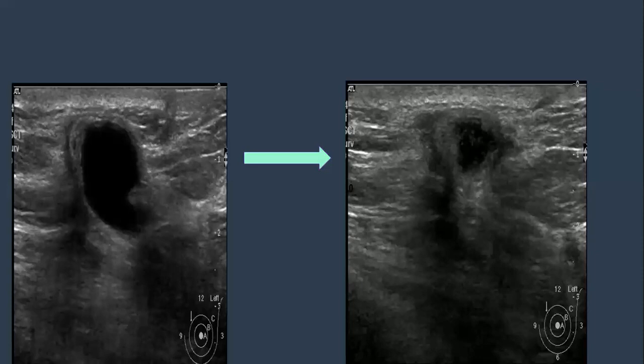How can you explain this scenario in post-operative? So representing scarring. Why is scarring causing these changes?